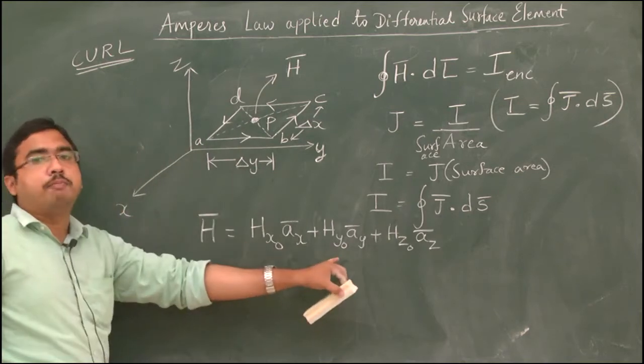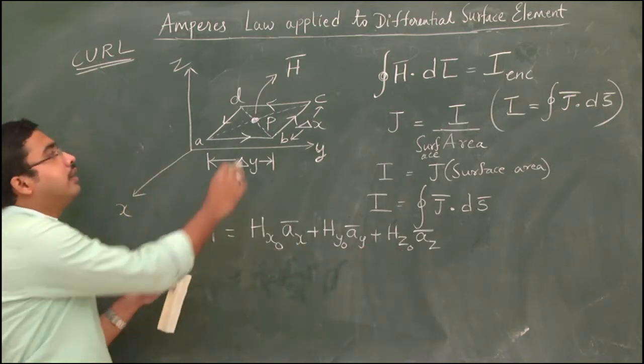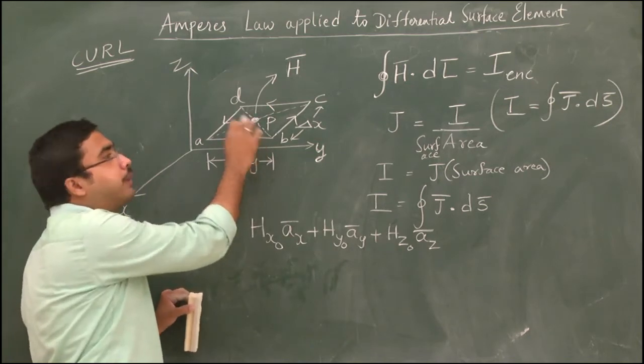This is the complete magnetic field intensity formula H bar at this point P.